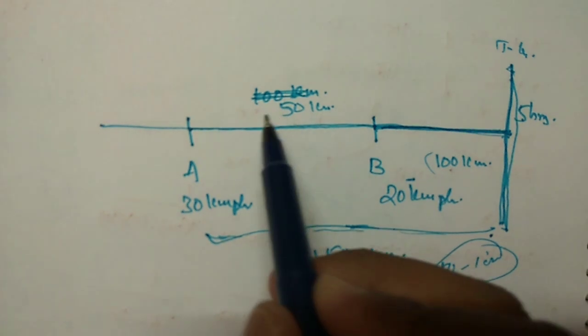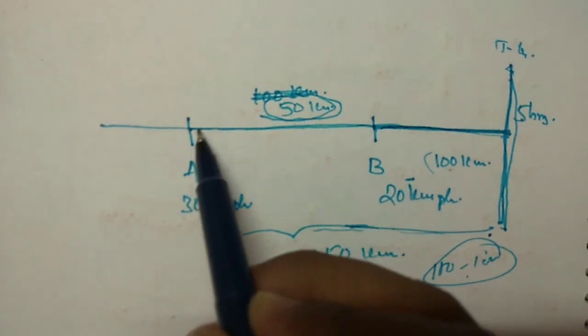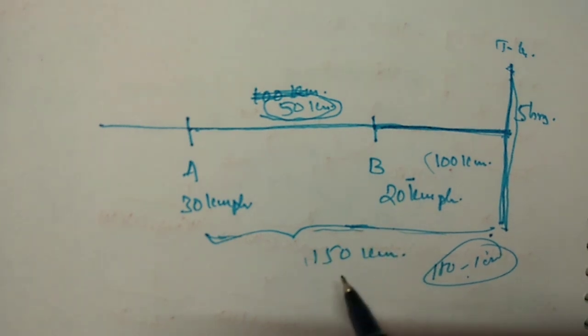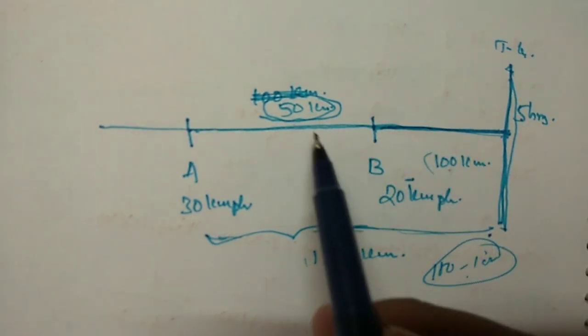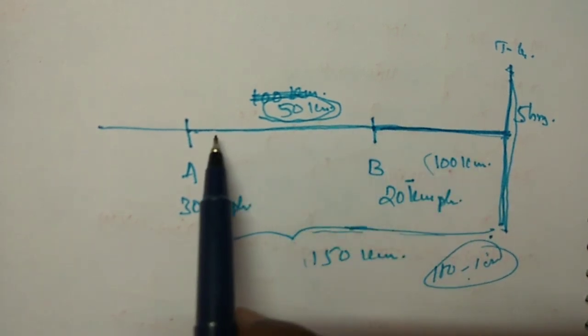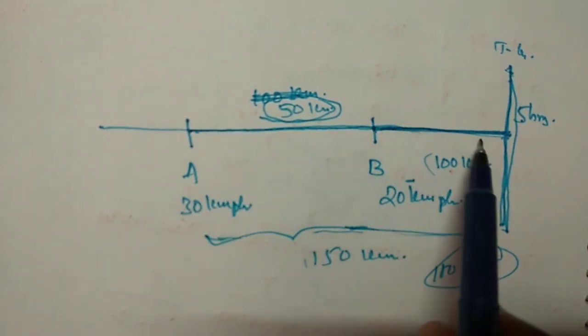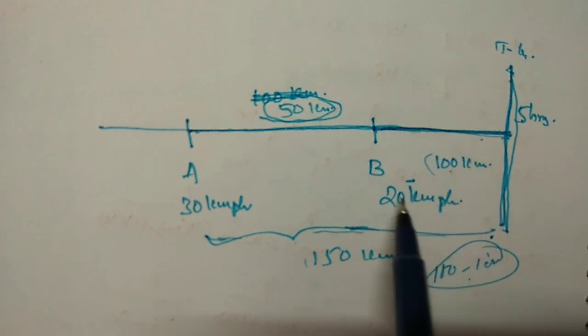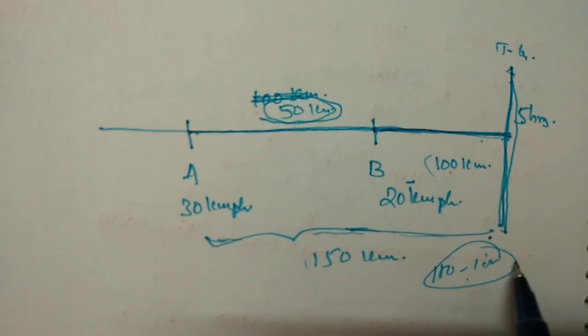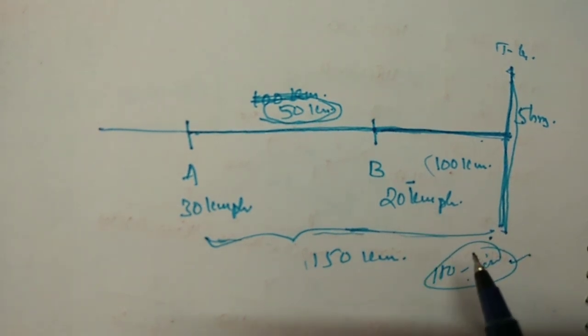That 50 kilometers is nothing but the distance between A and B. Right? So when two cars are moving in the same direction with different speeds from different places to meet at a point, we should subtract the distances.